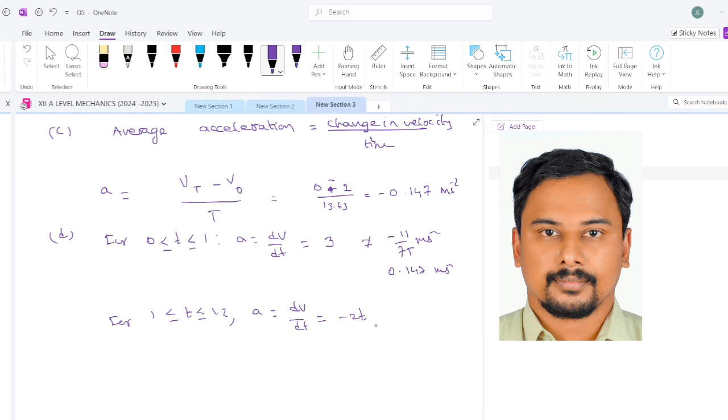If you substitute the t values, what values will we get? If you substitute 1, we get minus 2. If t is equal to 1, then acceleration is minus 2 meter second power minus 2. But if t is equal to 1.2, then acceleration is minus 2 into 1.2, which is minus 1.4 meter second power minus 2.